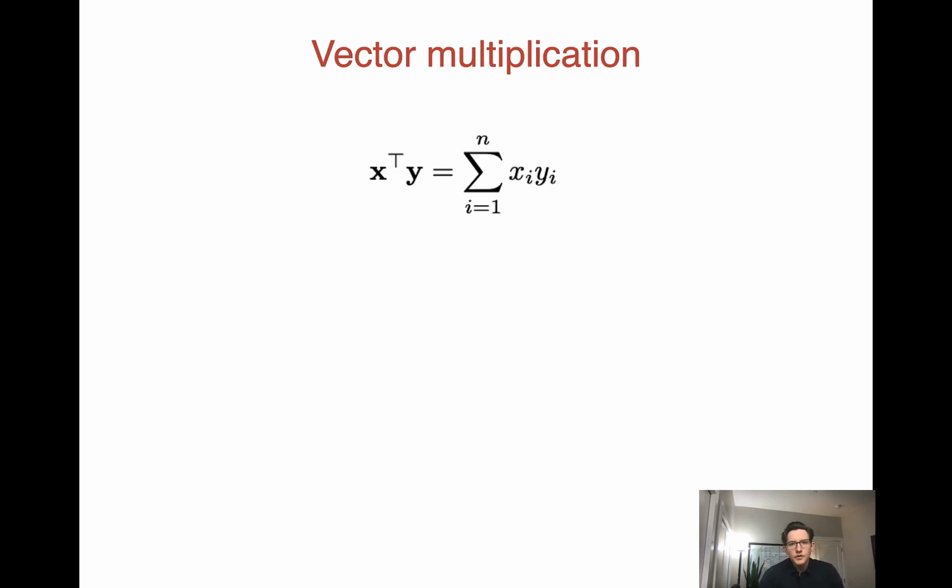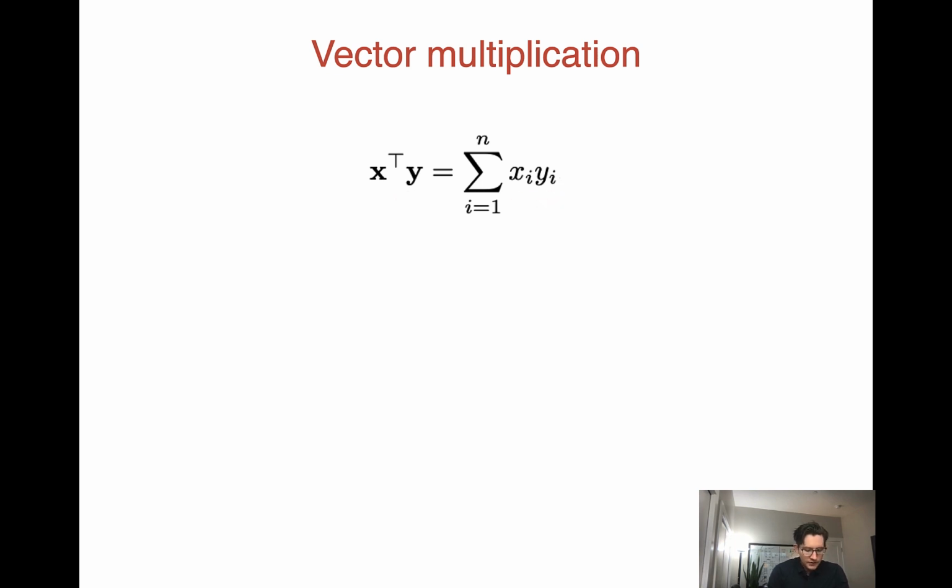What do we do with matrices and vectors? Well, one big thing we do is we multiply them. Okay, so if we multiply a row vector times a column vector, notice here we have x transpose. x is implicitly a column vector, so to turn it into a row vector, we have to transpose it. x transpose y is the sum from 1 to n, where n is the number of dimensions of x and y, of xi times yi.